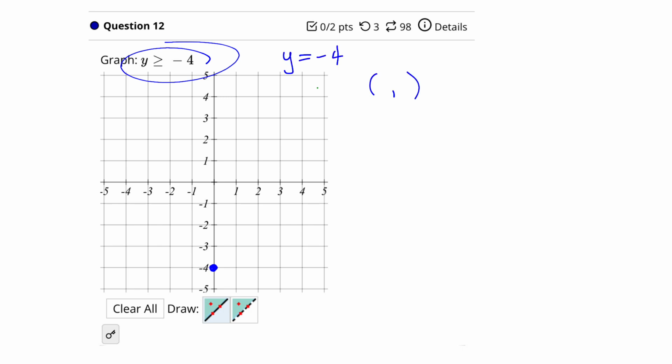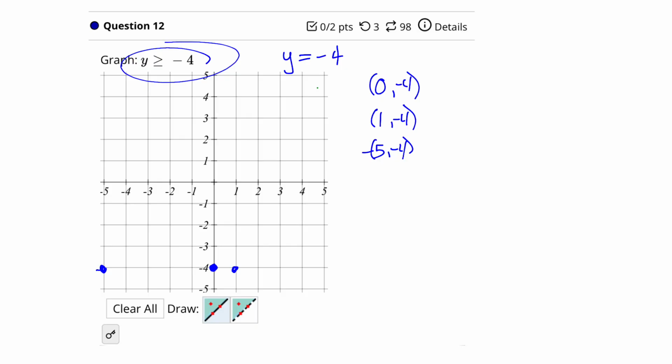So no matter how many points you choose to graph, every one of the y values has to equal negative 4. Choose anything you want. Okay? So 0, negative 4, 1, negative 4, negative 5, negative 4.